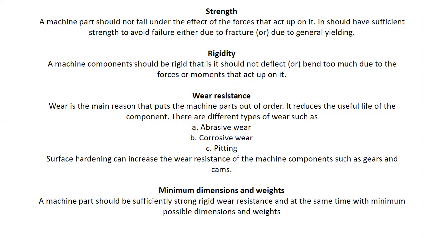Let us go to the next criteria: minimum dimensions and weights. A machine part should be sufficiently strong, rigid, and wear resistant, and at the same time have the minimum possible dimensions and weights. This is like packing the best quality in the smallest possible way.